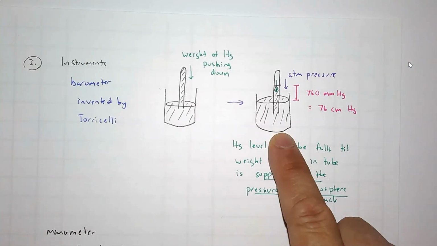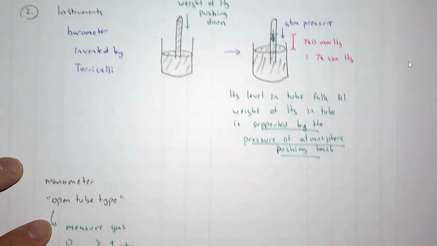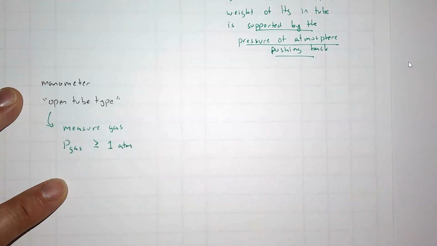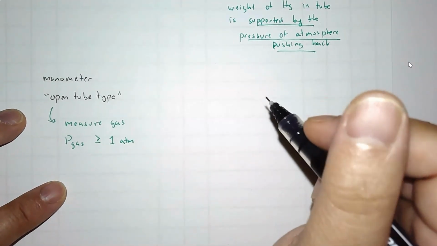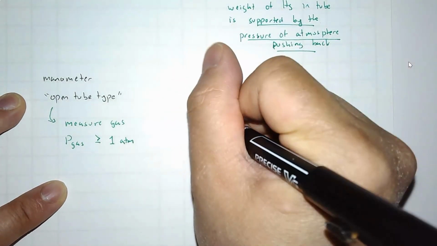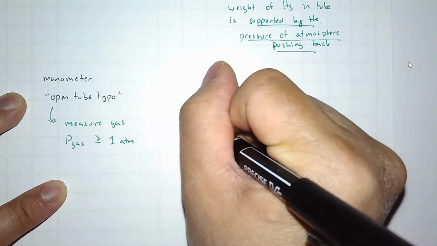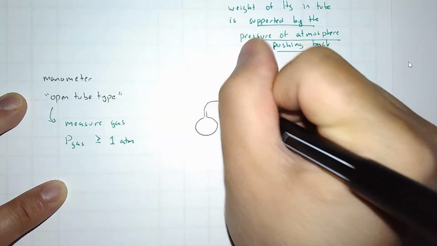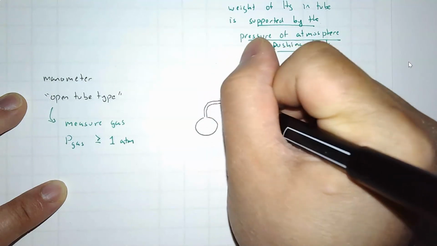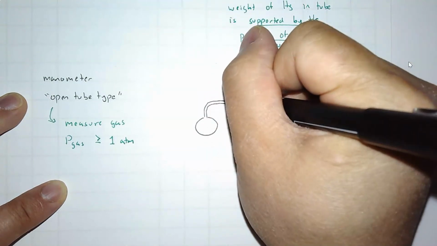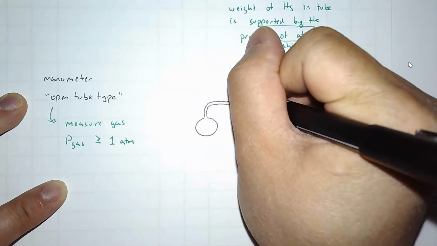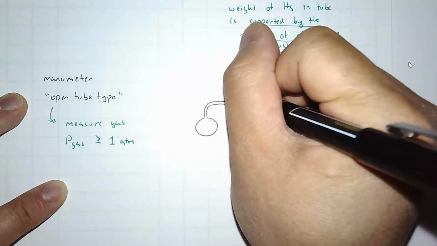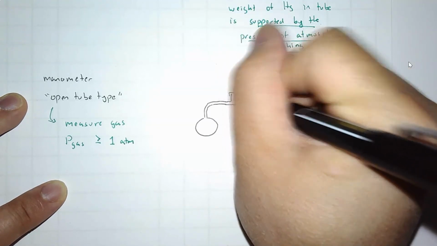Okay, not the best. You could definitely find better cartoons online. Now I'm worried about how I'm going to draw the manometer. So for the manometer, there's a bulb of gas, and it's going to swing this way. Typically you have a valve that you could add more gas over here, but we'll make it closed.